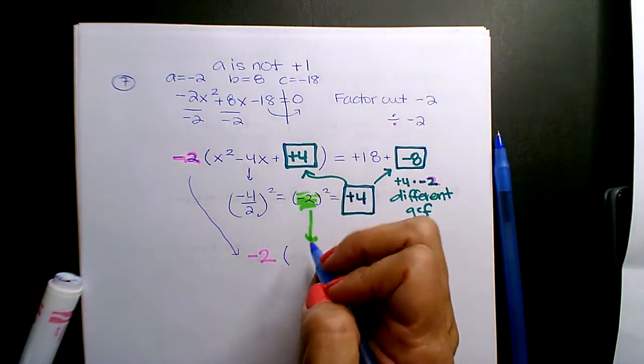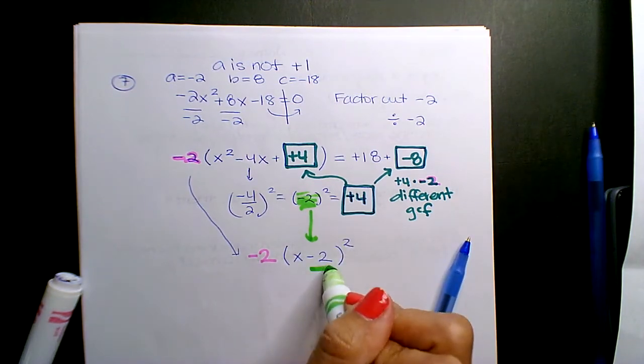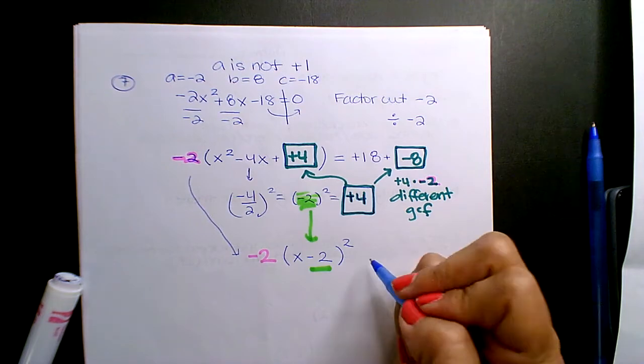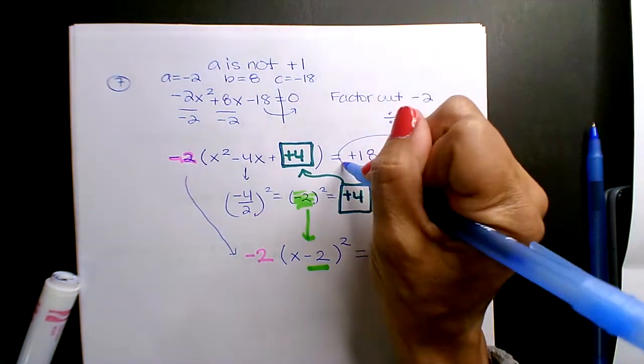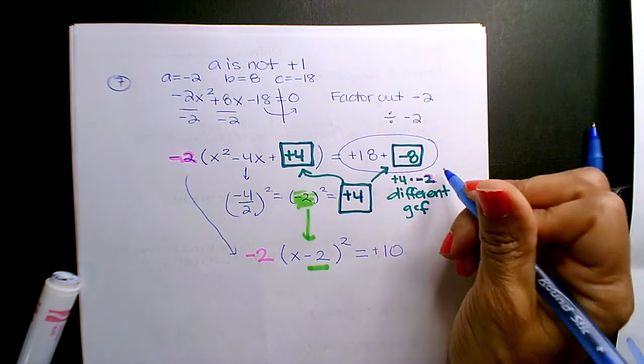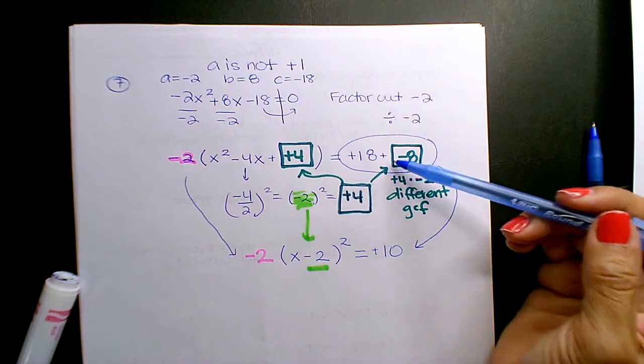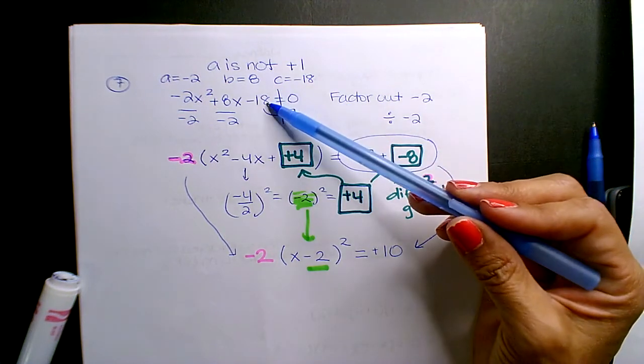So x minus 2 squared. So that's still the same. But equal, combine like terms, what's 18 minus 8? Positive 10, right? That's where this one comes. The positive 10 comes from combining like terms from the original constant.